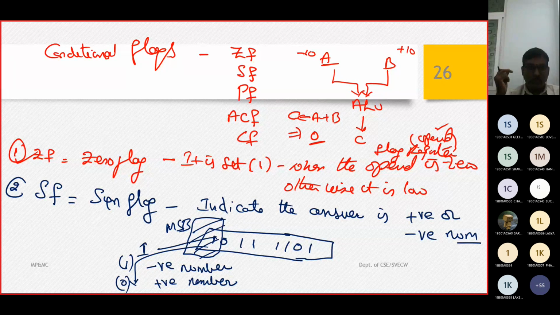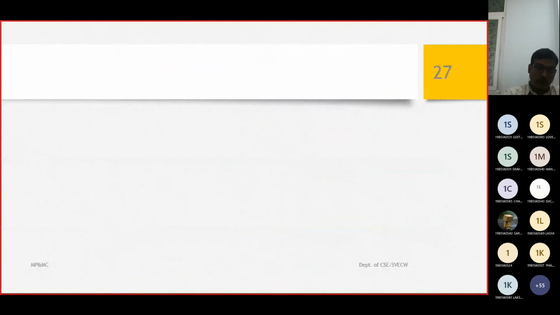The sign flag looks at the most significant bit, and if the most significant bit is high, it indicates a negative number. If the most significant bit is 0, then it indicates a positive number.